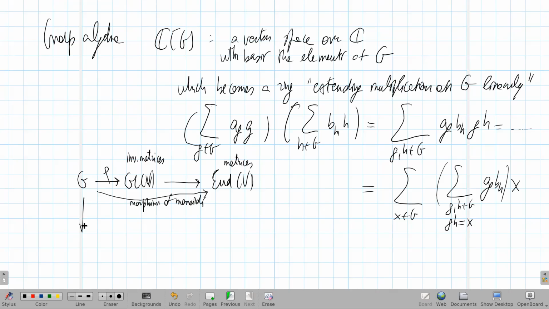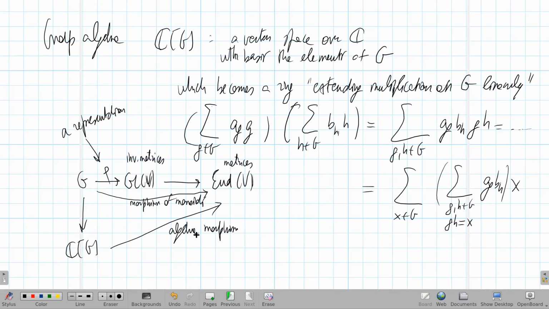And then there is a natural map which sends G into CG. After all, CG has as a basis the elements of G, so this is just the inclusion. And the universal property tells you that this yields an algebra morphism. So if you have a representation, you can extend it, and we'll say how it works, to CG, and this becomes an algebra morphism.